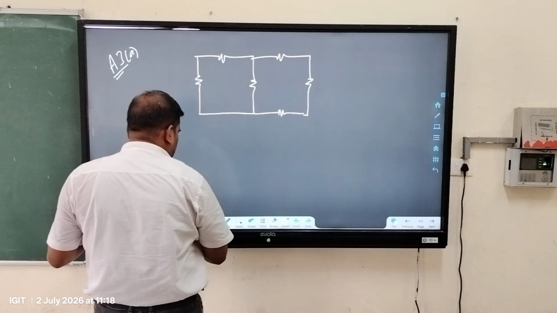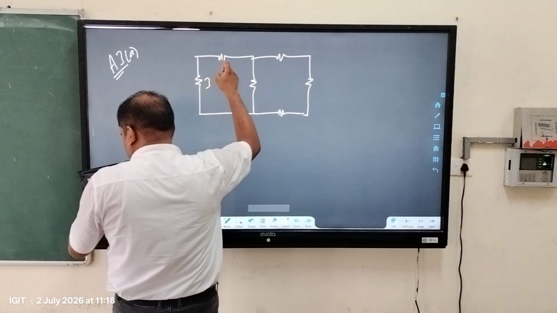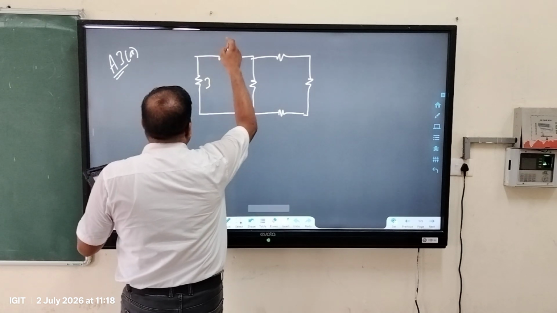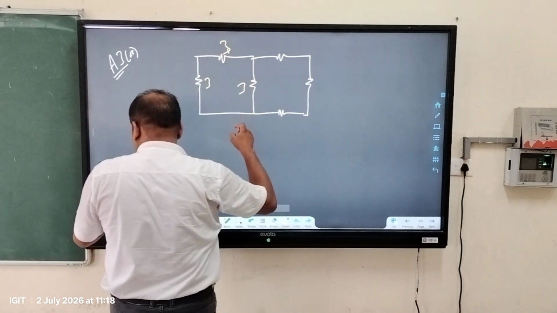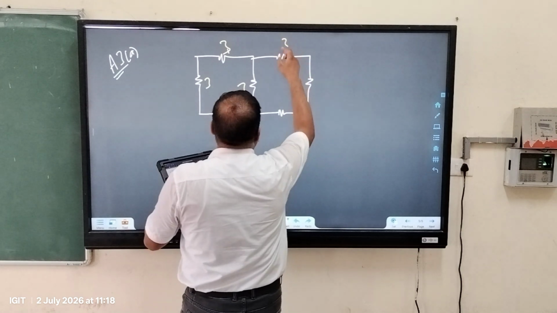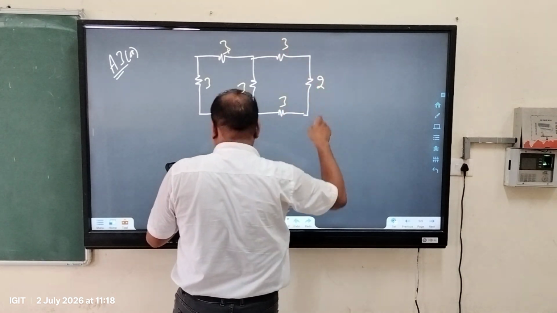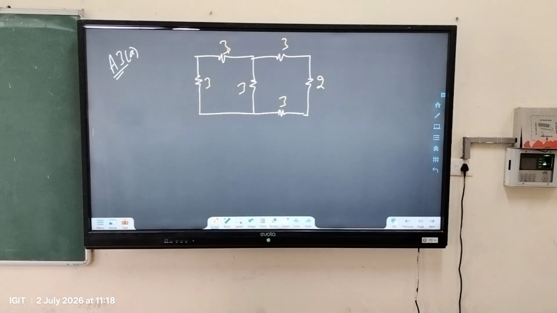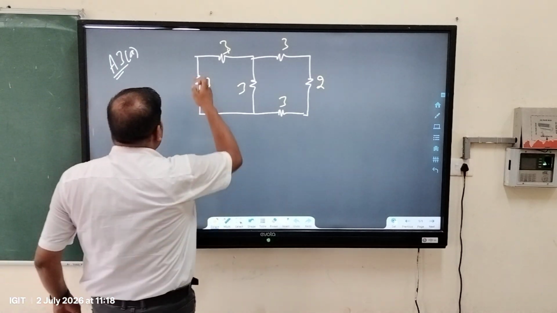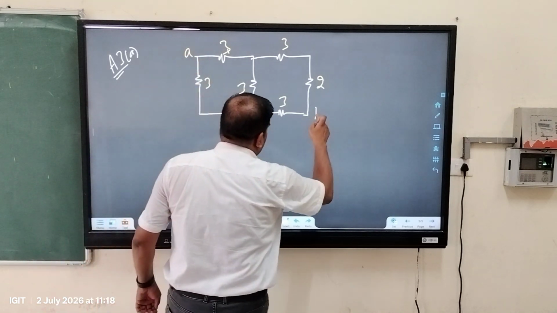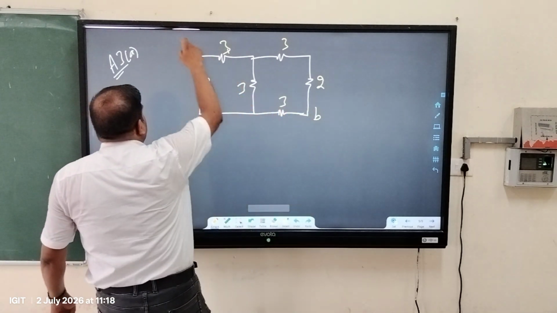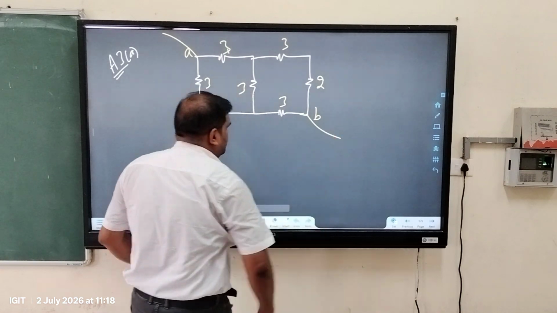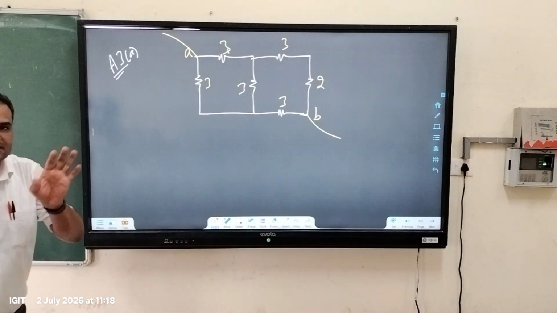And the resistance values are 3, 3, 3. This is 3, this is 3, this is 2. This is the question the examiner is asking you: what is the equivalent resistance between the nodes A and B? Remember, one node is A, one node is B. So you have to find out what is RAB here.